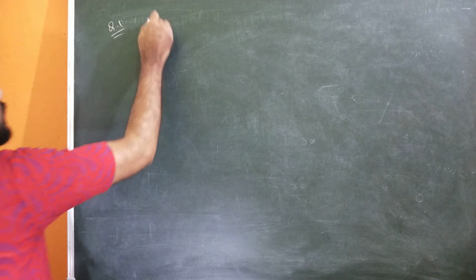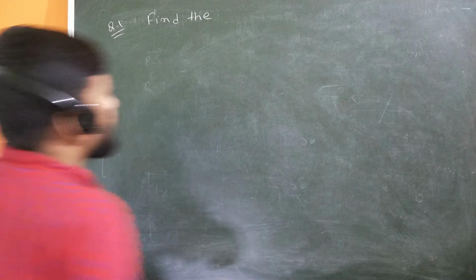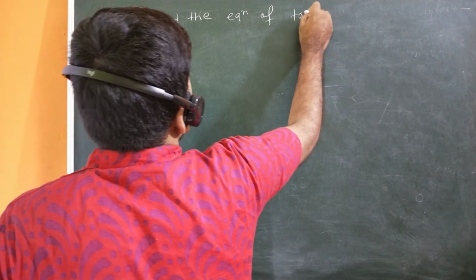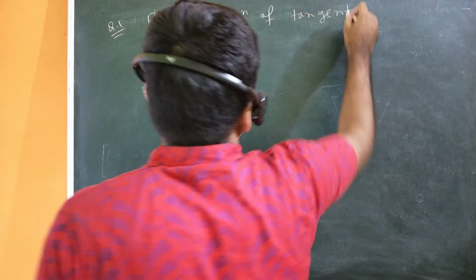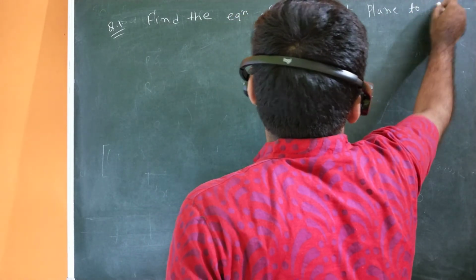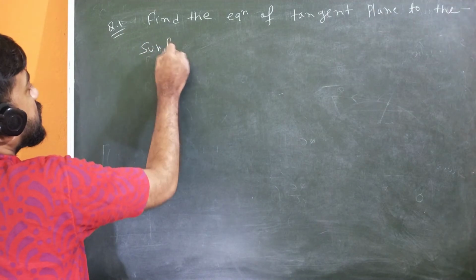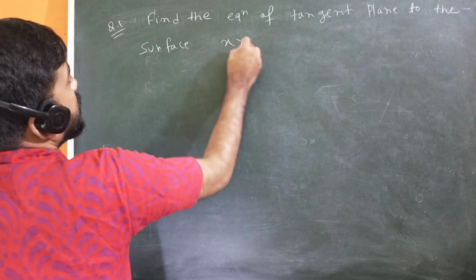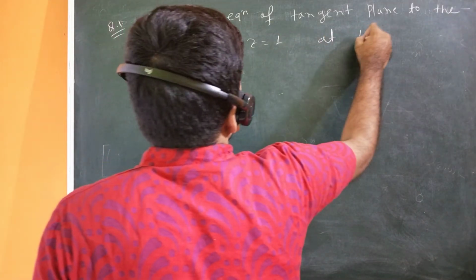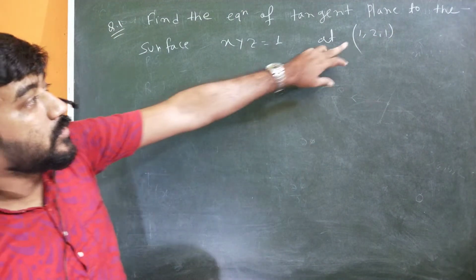Find the equation of the tangent plane to the surface xyz is equal to 1 at the point (1, 2, 1). So this is your point, this is ABC.